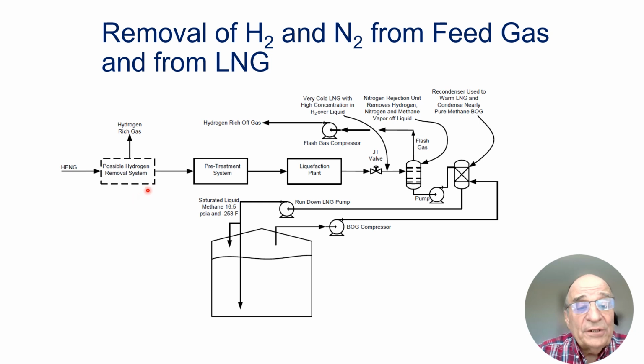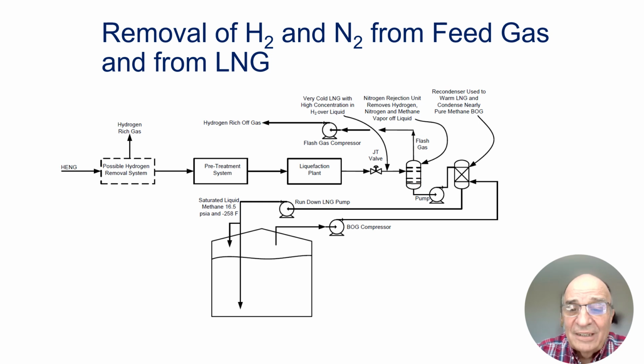So you typically would put in a hydrogen removal system up front. This could be a membrane system. There are other possible systems that could be used, but a membrane system would probably be the most cost effective, removing most of the hydrogen here. Nitrogen is slipping through, so you have small amounts of hydrogen and nitrogen slipping through, goes through your liquefaction facility. Now, the fact that you have both nitrogen and hydrogen in here means that this LNG that ends up here is going to be rather cold.